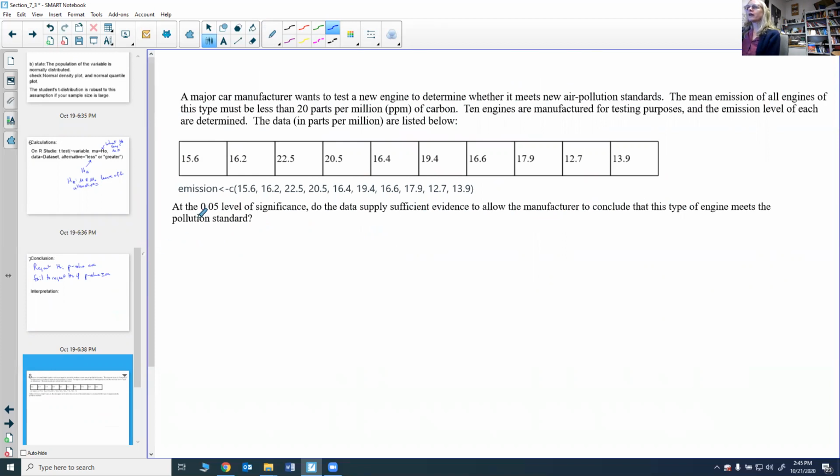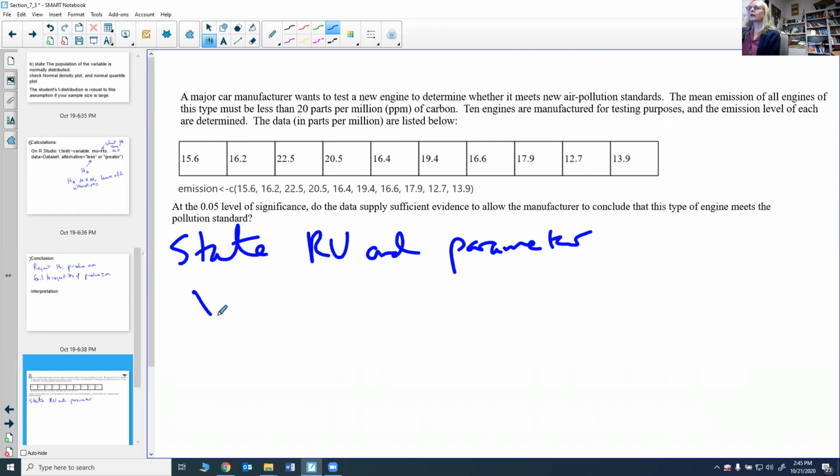So again, first step is to state the random variable and your parameter. So looking at this, I'm going to go back up here and see what did I measure. I only have one column in my data set, so that will be a little bit easier to help me figure that out. But these numbers are my emission levels.